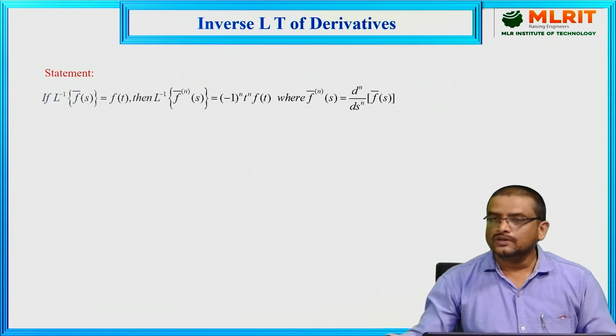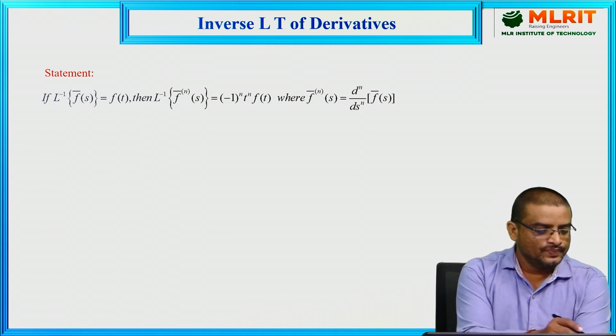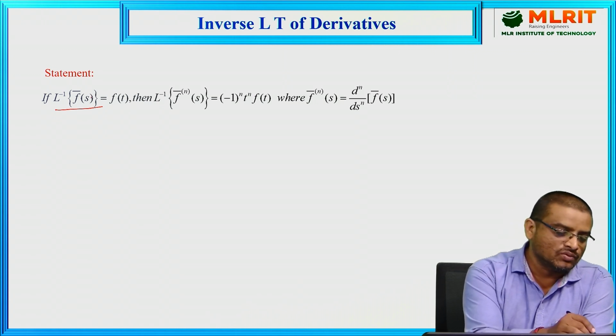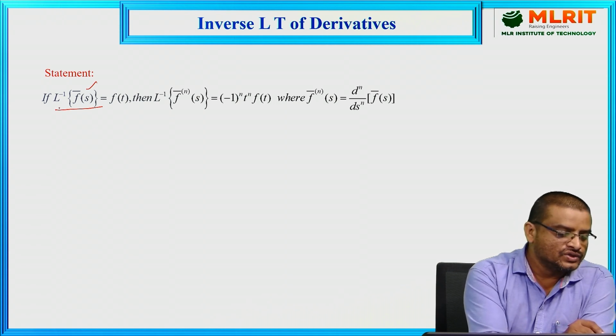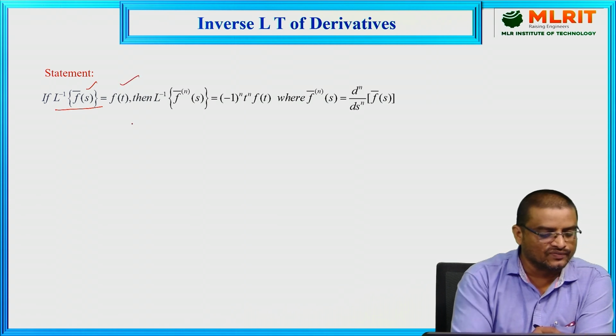So first, before going to take the problems on this, let us take the statement of this inverse Laplace transform of derivatives. L inverse of f bar of s is equal to f of t.